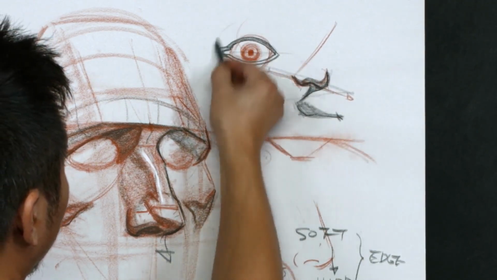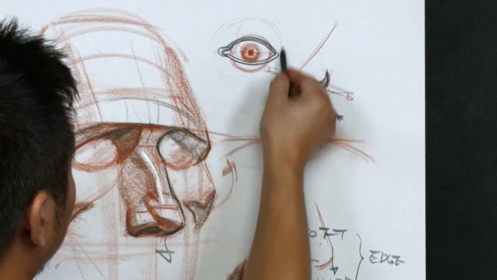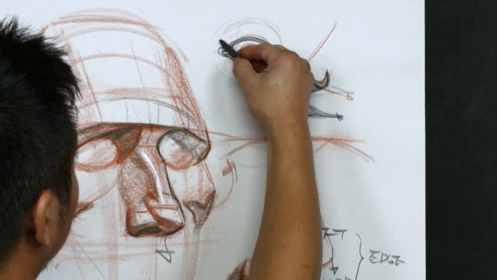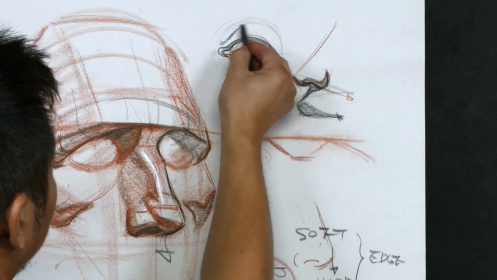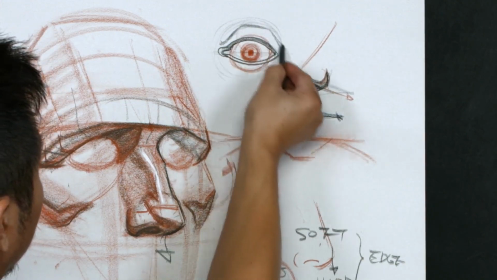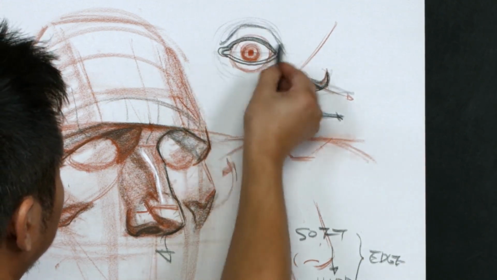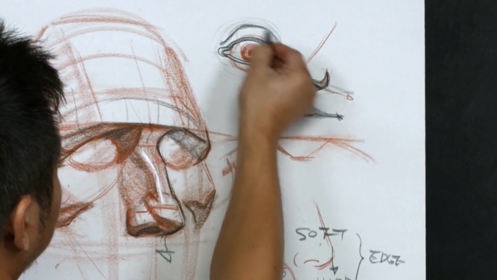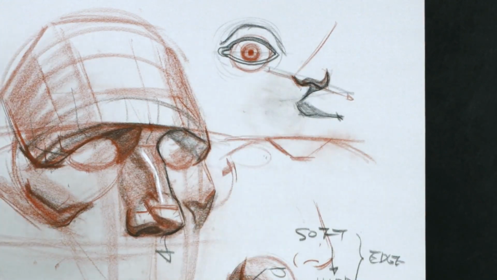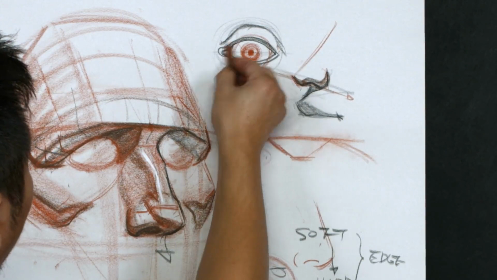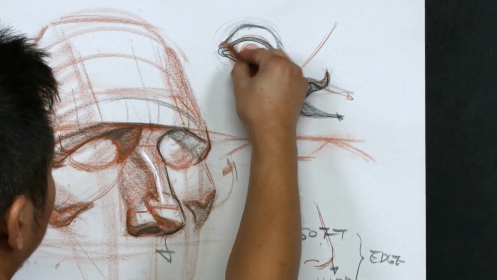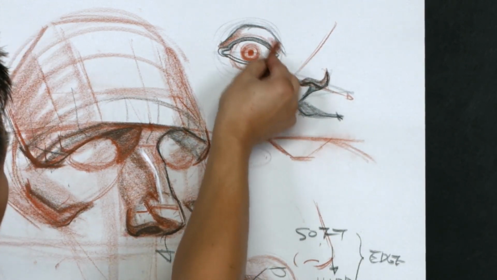Your eyeball sits right over the eyelid, going to sit over like this. The eye is basically a ball shape, so it's darker on this side, darker on this side.